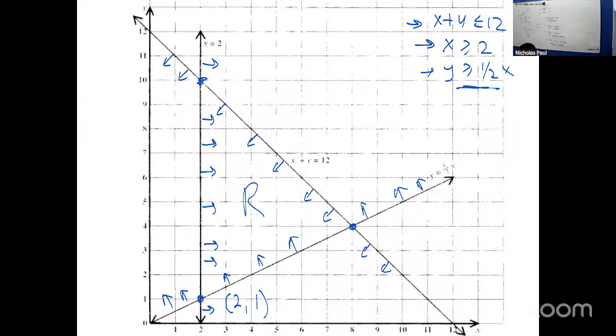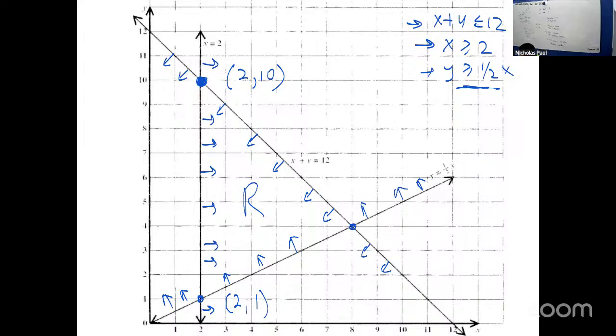This one here. What is it? 2 what? 2 and 10. X is 2, Y is 10. And Chriselle, what's the last point?